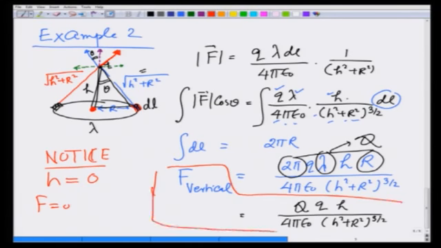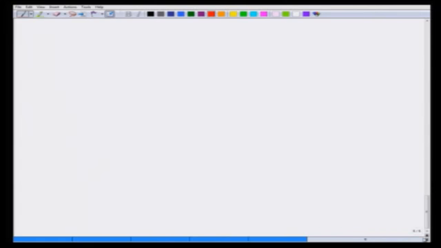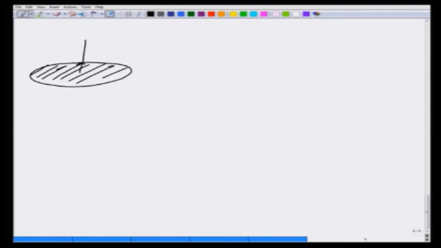I can now use this result to calculate force on charge q on the axis of a disk, and that is going to be my example number 3. In example number 3, I am going to take this disk and put a charge at height h on the axis.